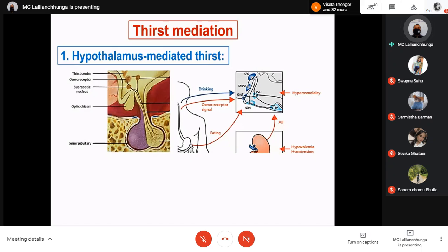Now, let us discuss in brief thirst mediation. As I told you in the beginning of the class, how the thirst center is stimulated, there is no clear-cut explanation. There are so many theories out there. The first theory is hypothalamus mediated thirst.